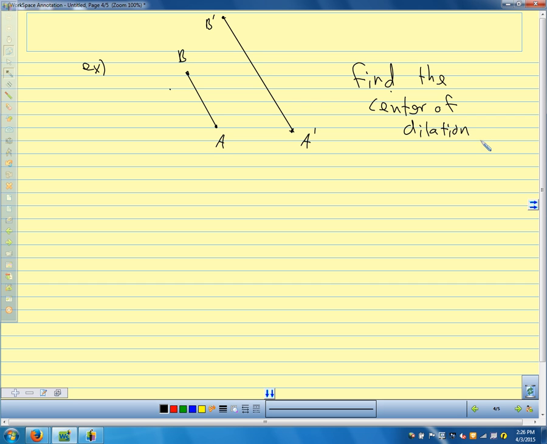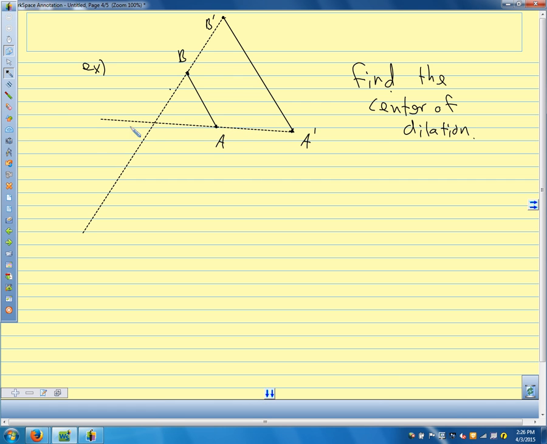How would we go about finding the center of dilation? If I knew that one of these was a dilation of the other, what would I do to find the center? Right, draw your rays that connect your image and your pre-image points. So, like so. There's the ray that goes through B and B prime. There's the ray that goes through A and A prime. There's the center of dilation.